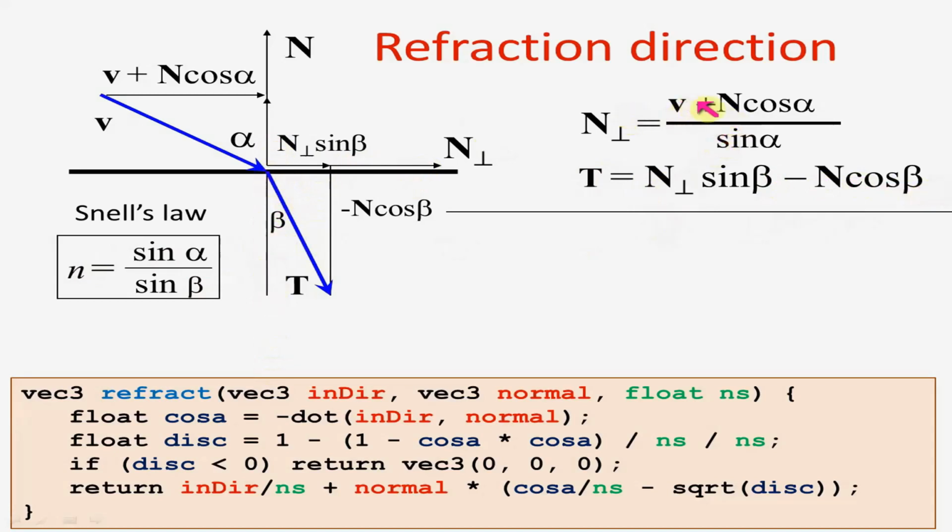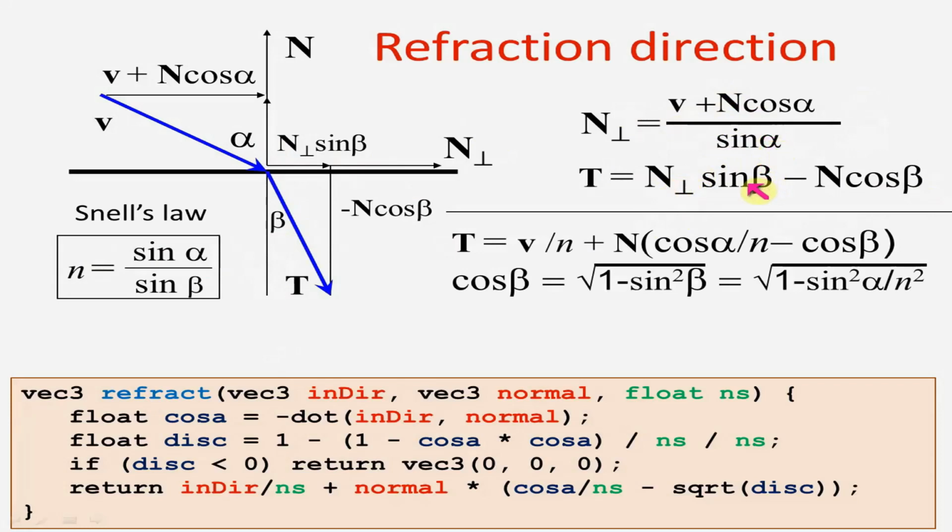Let us substitute this formula into the n perp expression. We can replace sine beta divided by sine alpha with the reciprocal of the index of refraction according to Snell's law, here and also here, and we just group the terms that depend on normal vector n. We are getting close to the solution.